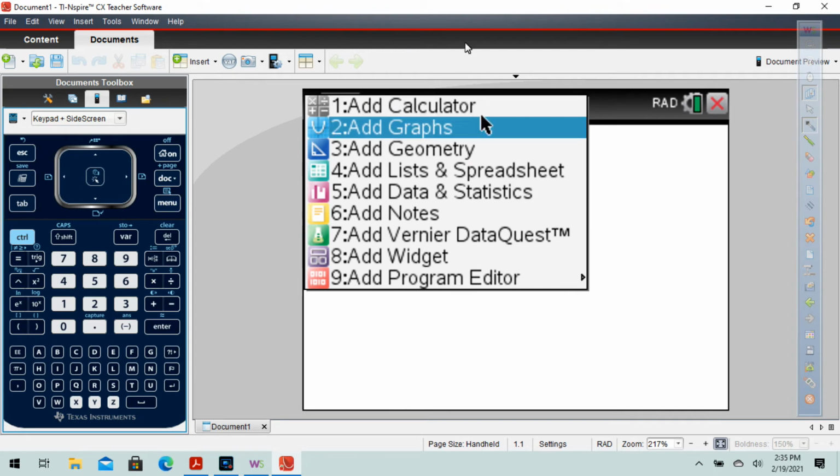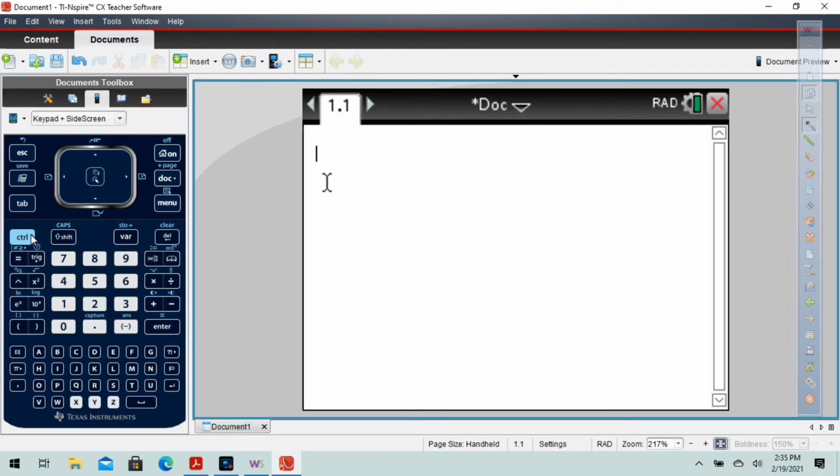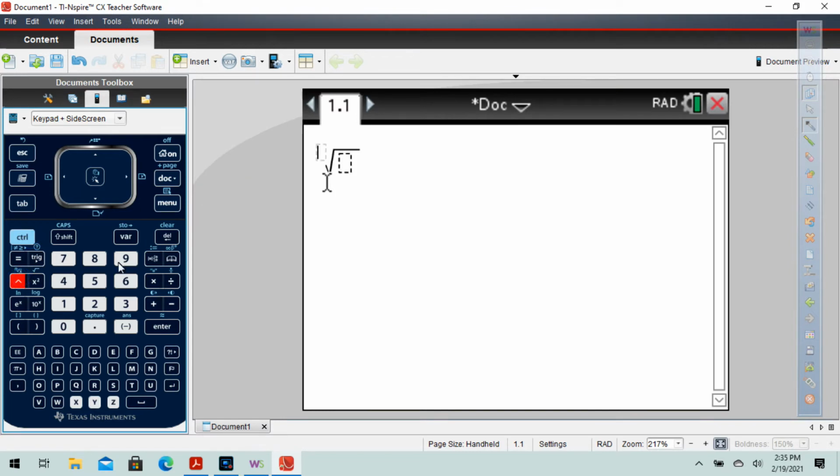So let's go to calculator, and we're going to take the cube root of 729, and that is 9. Oh, but let's see, and it's 3 squared.